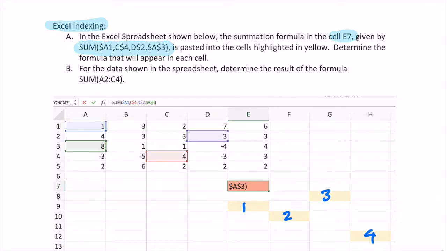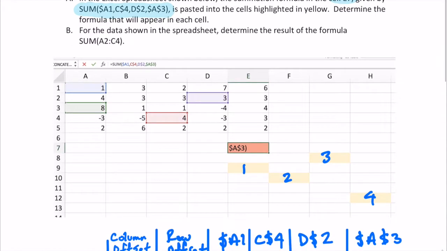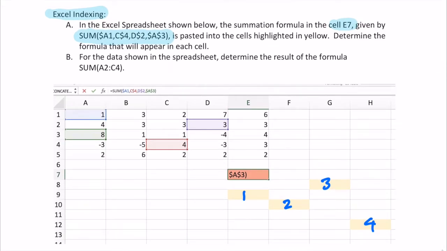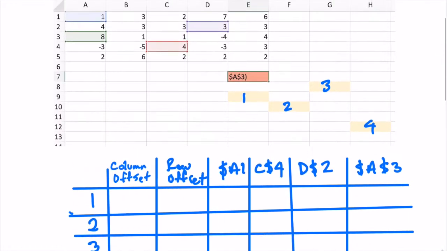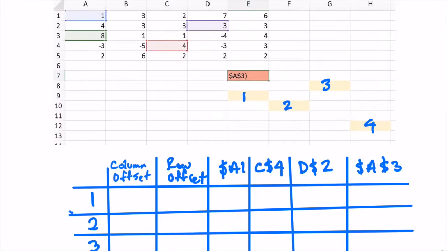When you paste it, some of the columns get incremented and some of the rows get incremented, depending on whether there's a dollar sign or not. Let's take a look at this on a case-by-case basis for each of the 4 yellow cells.